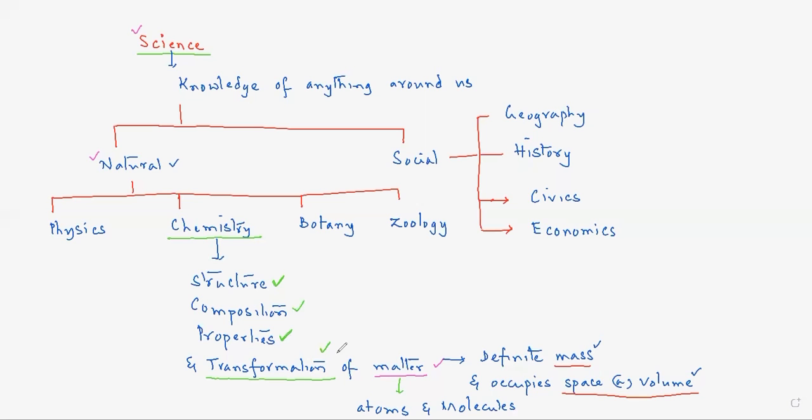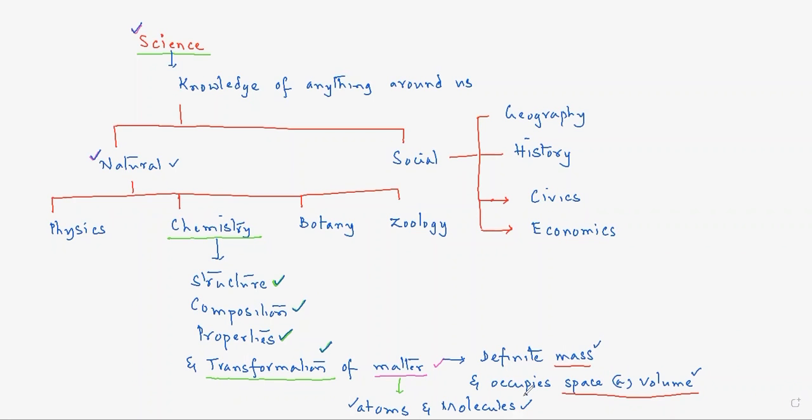Now let us define chemistry in a broader way. Listen to me carefully. What is chemistry? It is a branch of natural sciences which deals with the structure, composition, properties, and transformation of matter from its atomic and molecular point of view.